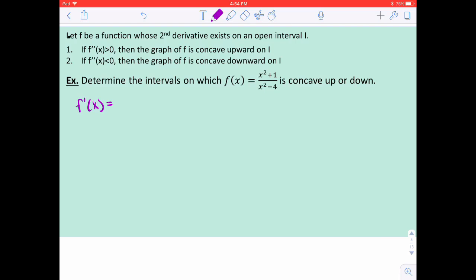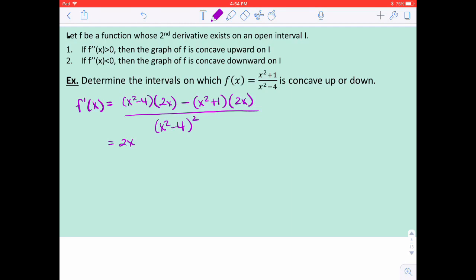Fun with these quotients. So x squared minus 4 times 2x minus x squared plus 1 times 2x, over x squared minus 4 squared.